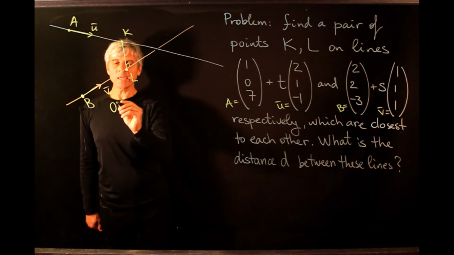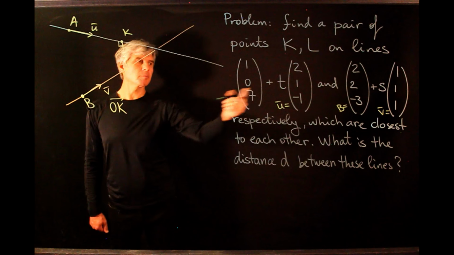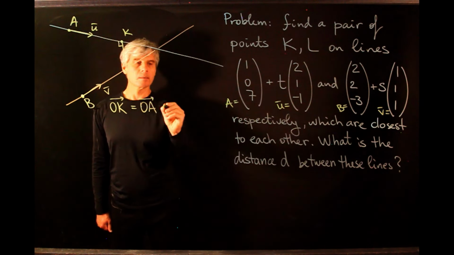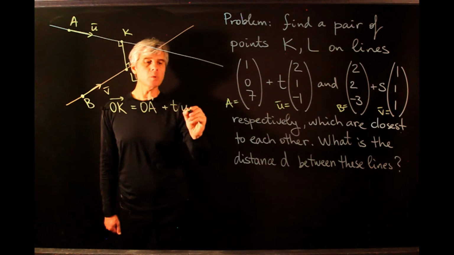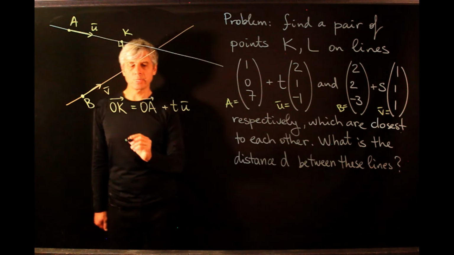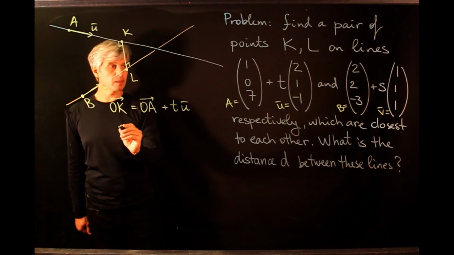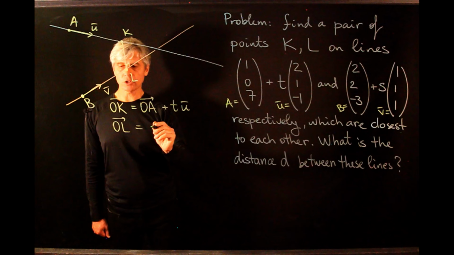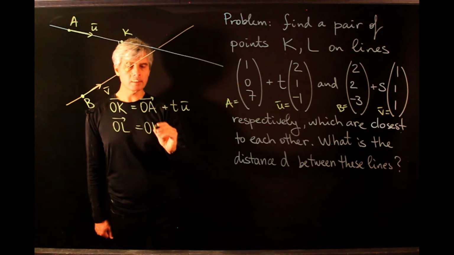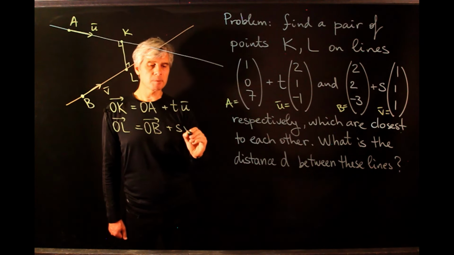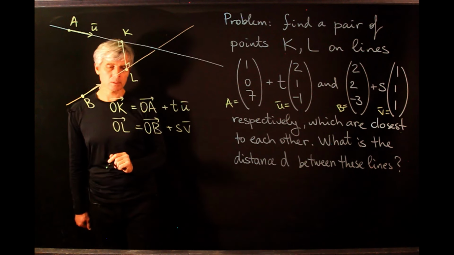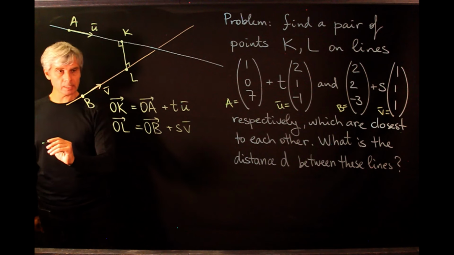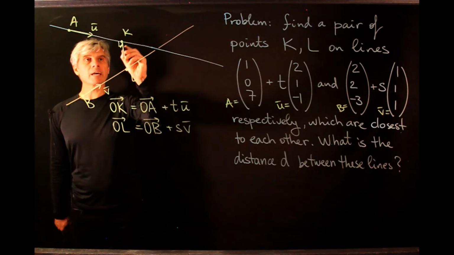Now, the vector OK is given by this parametric equation. So this is OA plus t times u, where t is to be determined. And the vector OL from the second equation is going to be OB plus s times v, where s is also to be determined. Now, let us write down the vector LK.